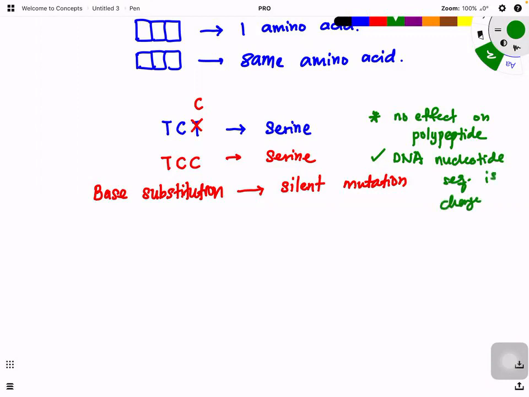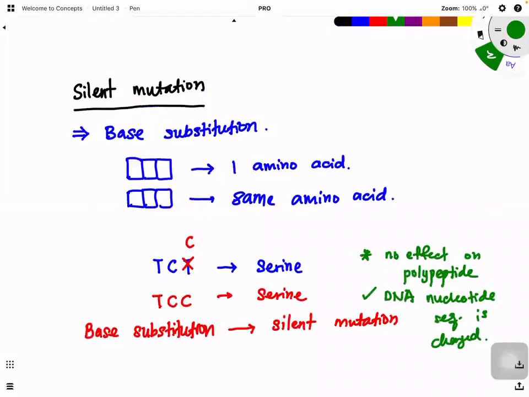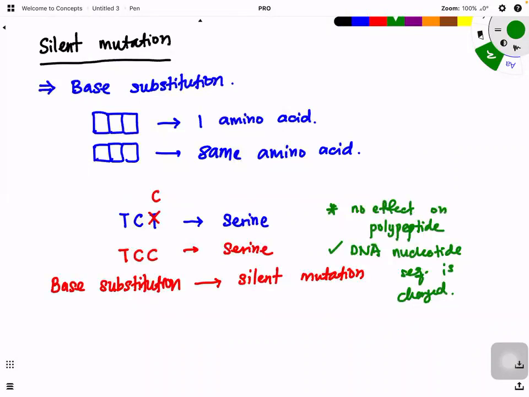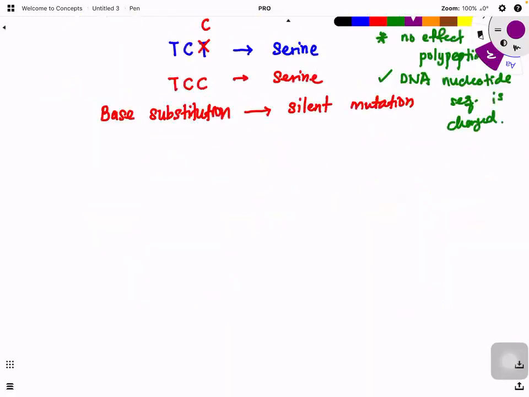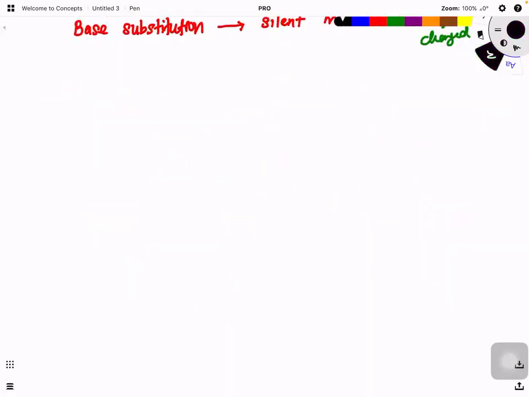It's like something keeping quiet, you can't see it. The entire polypeptide still remains the same: no shortening, nothing special happens. Okay, silent mutation. Next, we're going to look at the second one, called missense mutation.